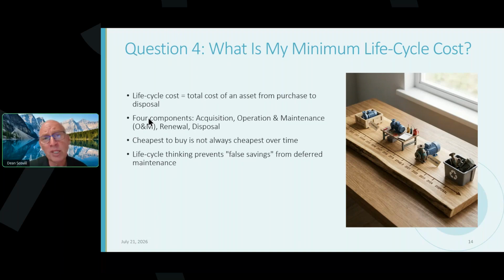Boy, if I bought the one that's a little more expensive, it would be a lot easier to maintain, and maybe I'd get more lifespan out of it. If I can maintain it, I get more lifespan, and that costs me less over the long run. Because if I have to replace this as opposed to a component that was a little more expensive, it's going to cost me more.